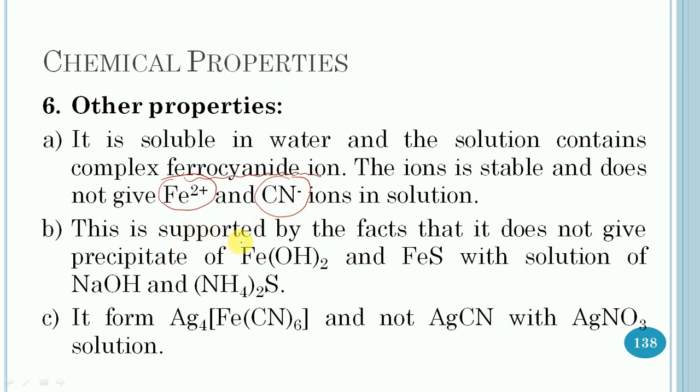And this is further supported by the fact that it does not precipitate iron hydroxide, iron sulfide with solution of sodium hydroxide and ammonium sulfide. It forms this complex and not silver cyanide with silver nitrate solution. So these facts support that it does not exist as a free ion in the aqueous solution.